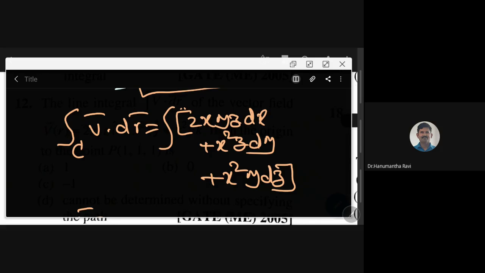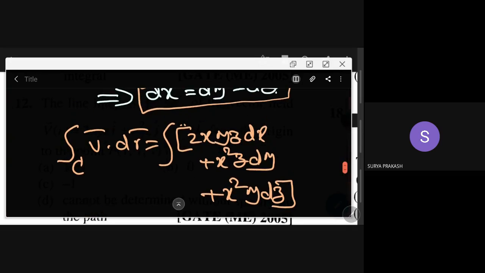Yesterday, in the previous class, I told you. Someone asks: sir, why did you make x equal to y equal to z, if you have the formula V into dr? Because this is basically a line integral first.